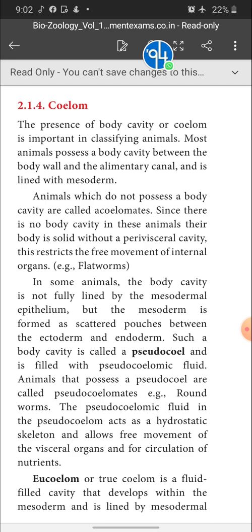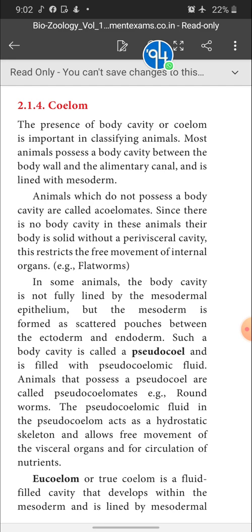Okay, animals that possess pseudocoel are called what? Pseudocoelomate. Animals which do not possess any coelom in their body, and the space is formed as a solid that prevents the free movement of internal organs, are called acoelomate.